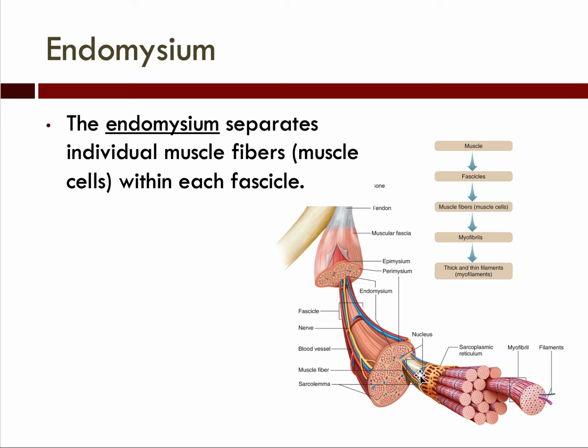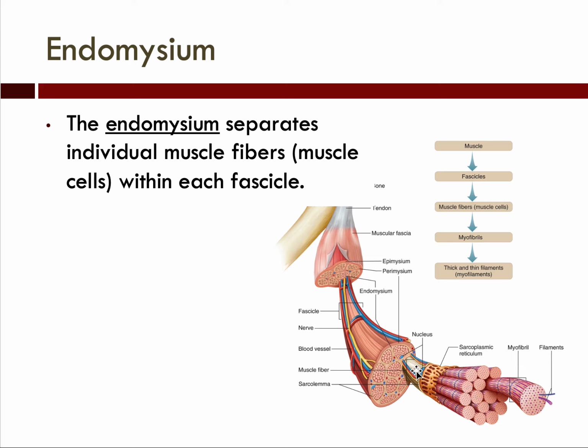So muscle cells, as we'll talk about in a different screencast, are very long and tubular. They're very different to maybe how we think of other cells, but muscle fibers are muscle cells. So again, these individual muscle fibers are each wrapped in an endomysium.